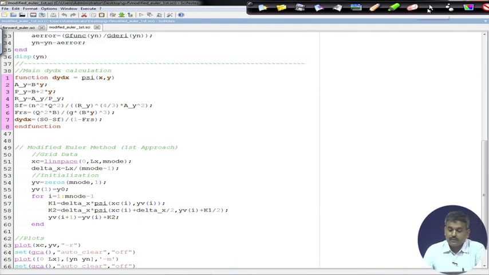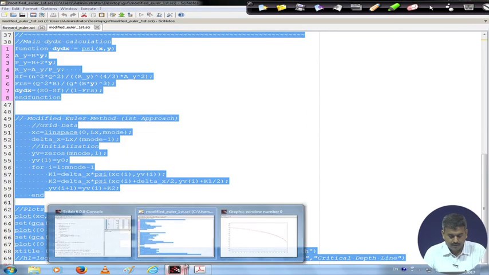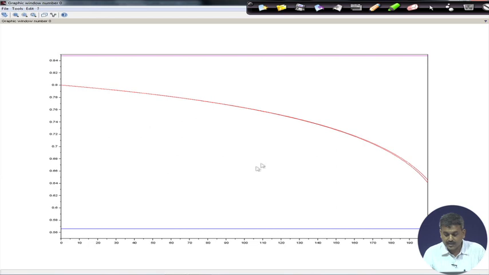Now, if I run this code again, we are getting plots which are similar to our old one. Obviously, there is some amount of difference in the plot.